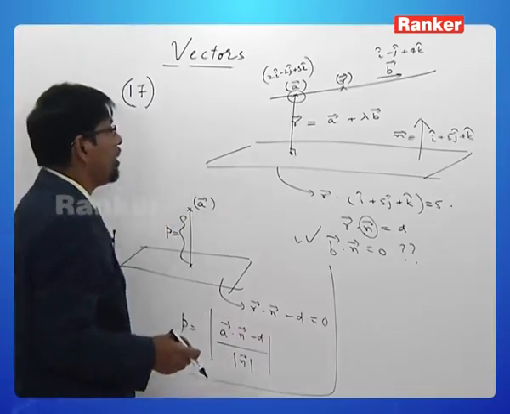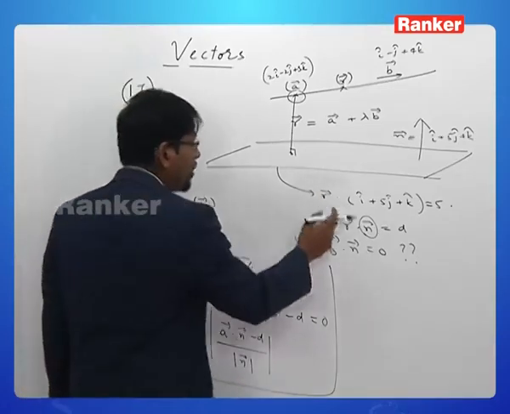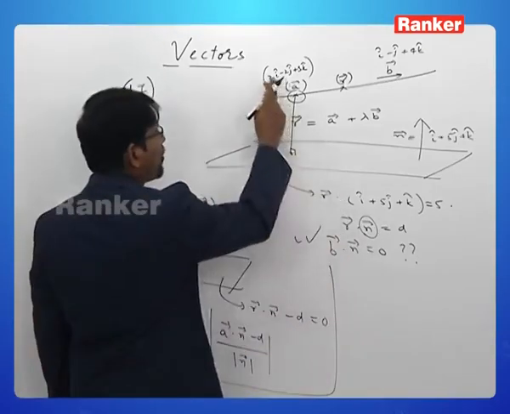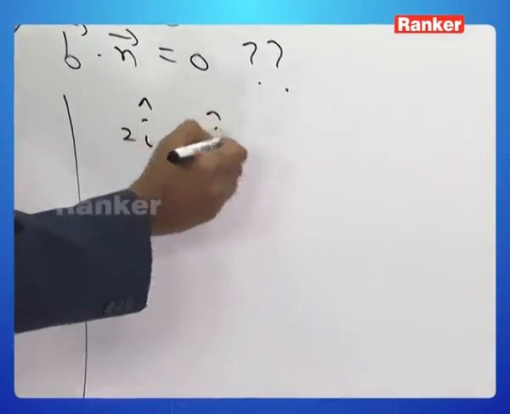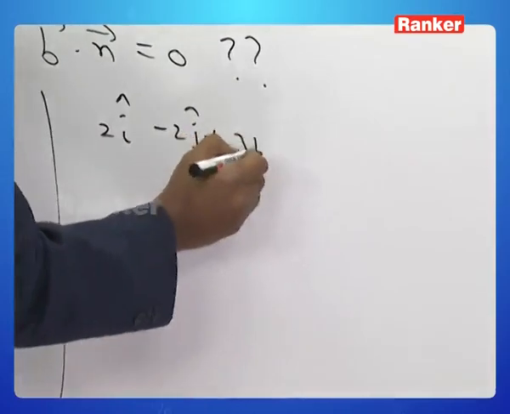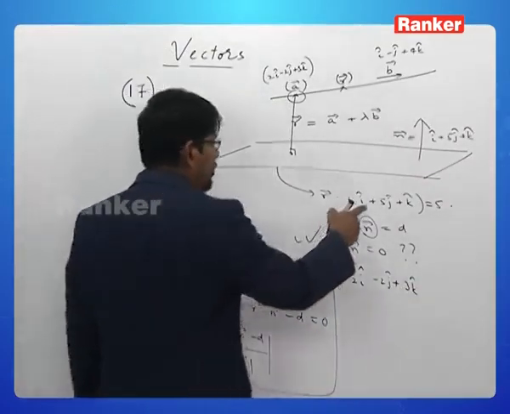Okay, so here what do we need to do? We have that equation like this. So instead of a bar we have here 2i minus 2j plus 3k, dot product with this n bar.